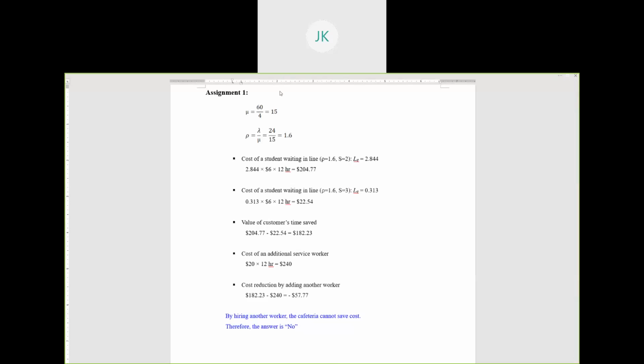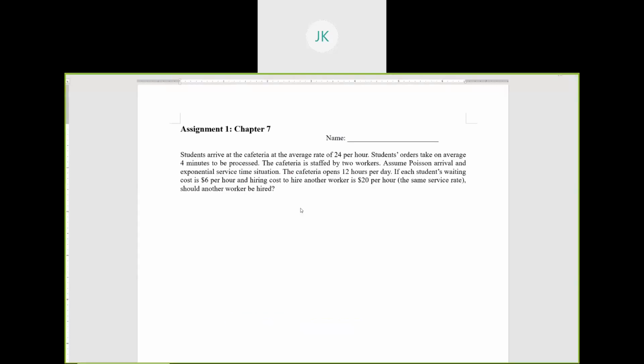Go back to the question. The student waiting cost is $6, and the cafeteria is open 12 hours.